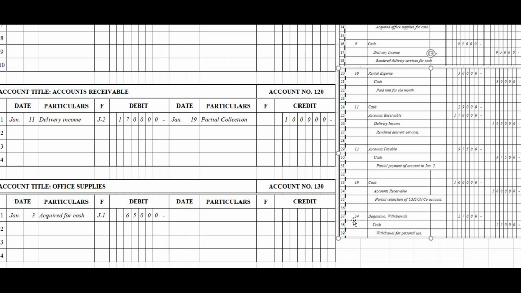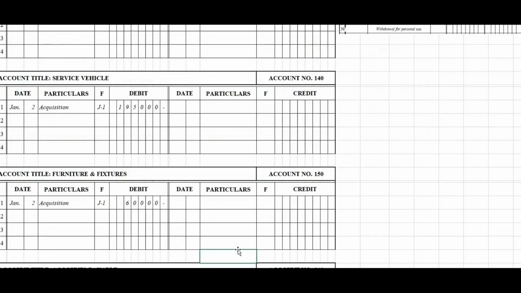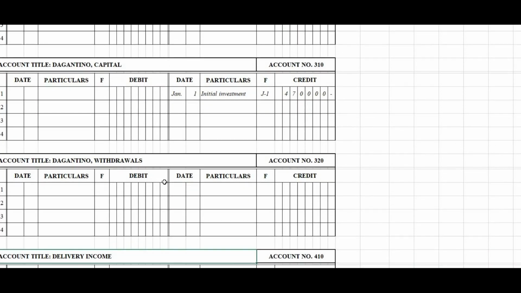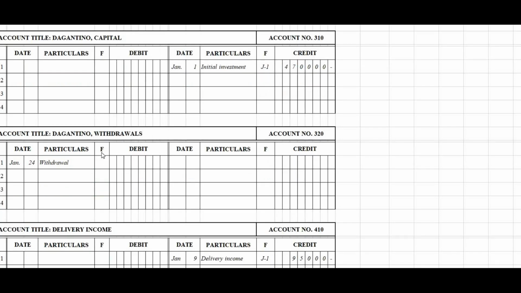Then, for 24, there is withdrawal. So, hanapin lang natin yung, hindi ko pala nalagyan ng page. Yan. So, for withdrawal, hanapin lang natin the withdrawal sa baba. So, that's a debit. So, that's January 24. So, this is withdrawal. So J2.